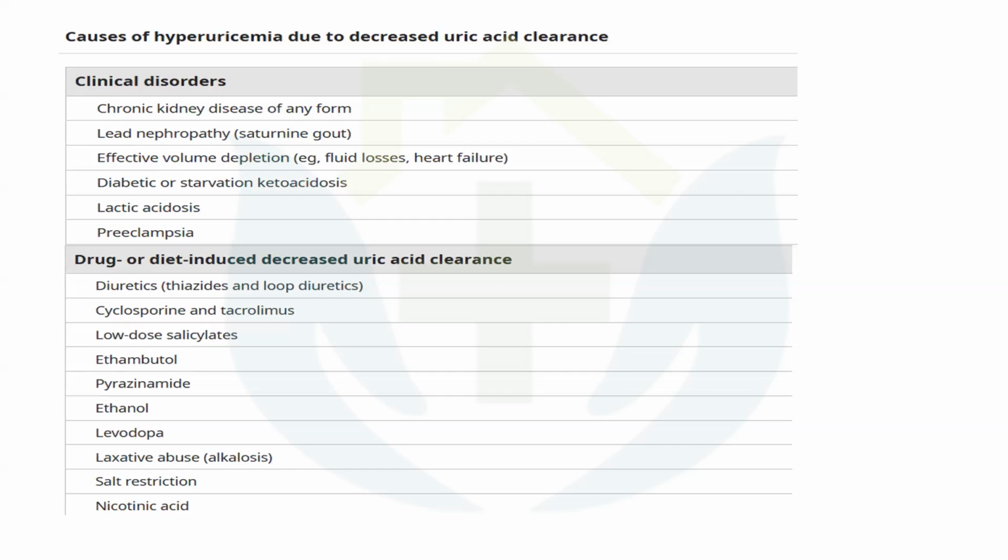Some drugs are also associated with decreased uric acid clearance, like ethambutol, pyrazinamide, low dose aspirin, and sometimes diuretics, mainly thiazide diuretics. So this is very important.